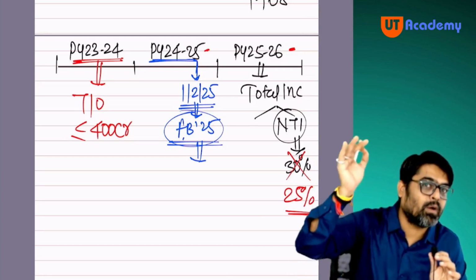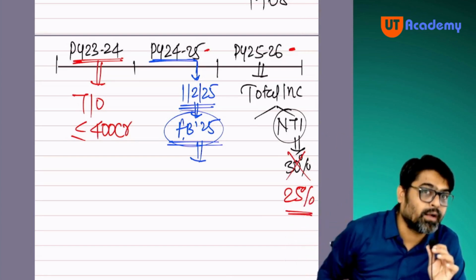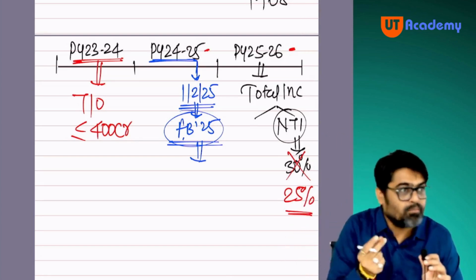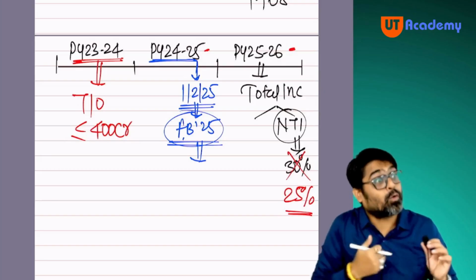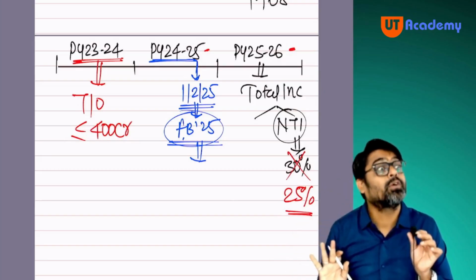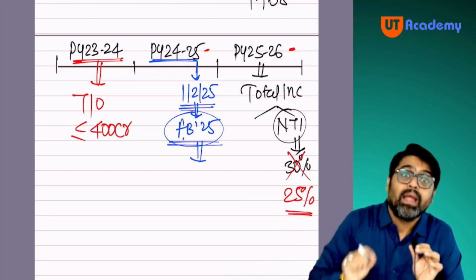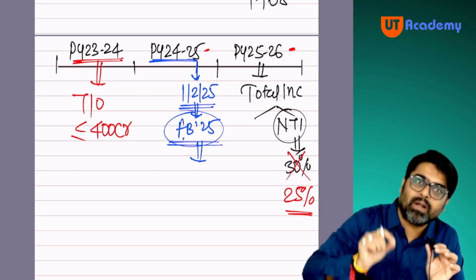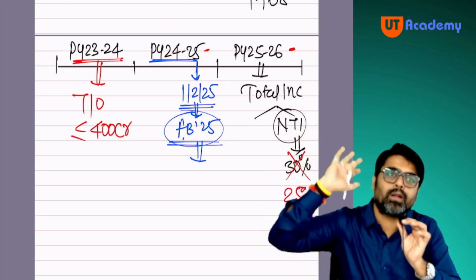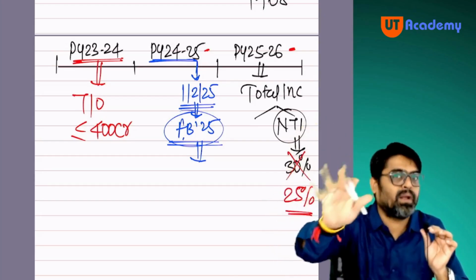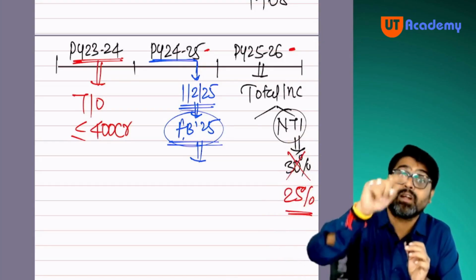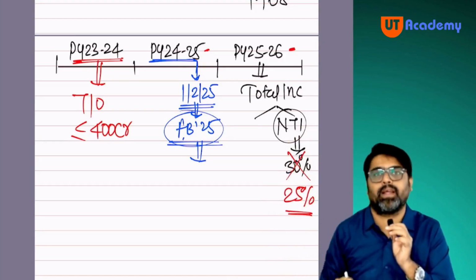Which company will allow the turnover to be more than 400 crores? Beforehand only they know that if my turnover is 400 crores or less, my tax rate will be 25%. No company will allow the turnover to become more than 400 crores. Every company will start manipulating the turnover. Hence, the turnover for 25-26 cannot be taken.